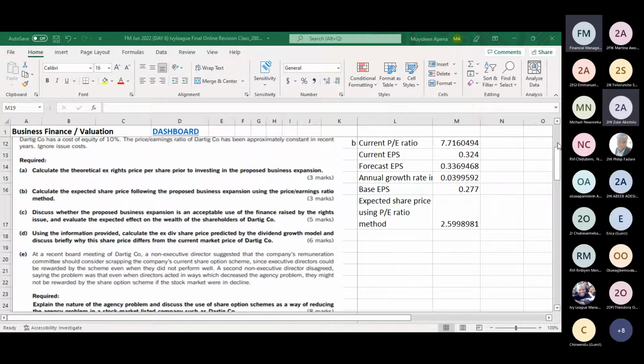That means there's a capital gain of 20 cents. Yes, sir. With this capital gain, it is true that using rights to finance the expansion will give shareholders the opportunity of growth in their wealth. Do we agree with that? Yes, sir.